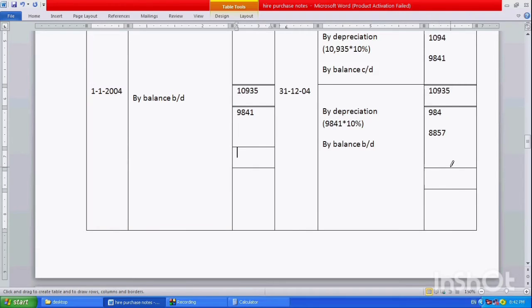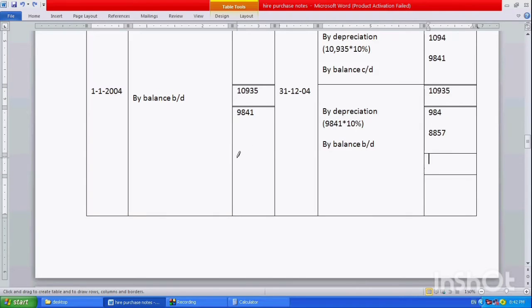So write the ledger balances. 9,841. So the 9,841 is the ledger balance. Close the ledger balance. Tally both the sides.